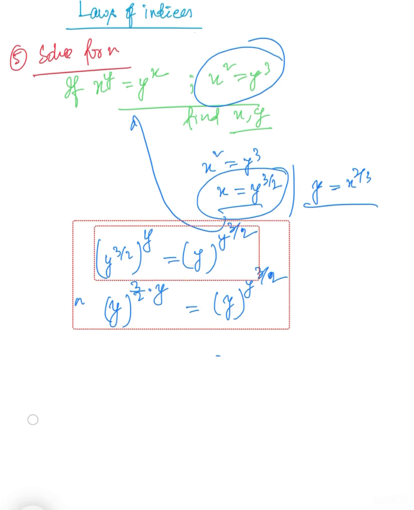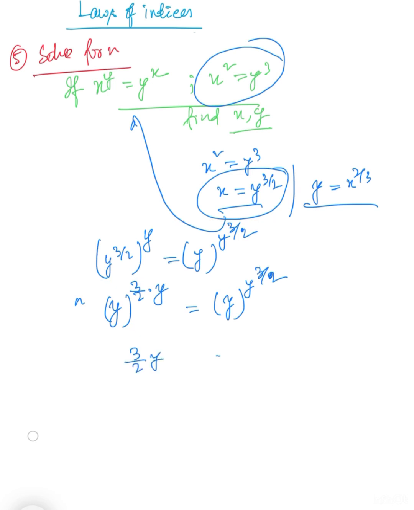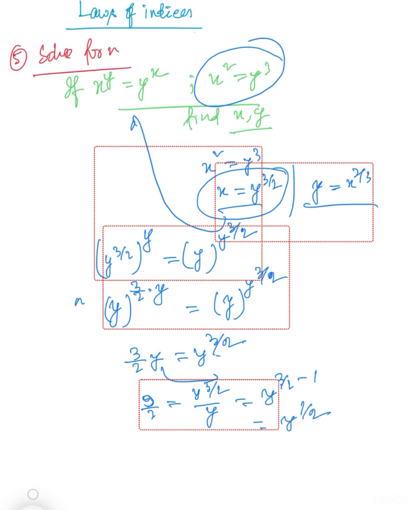Y being the same base, we can take the power to be same. So 3 by 2 into y equal to y to the power 3 by 2. Taking y to the right hand side as division, so 3 by 2 equals to y to the power 3 by 2 by y equal to y to the power 3 by 2 minus 1, that is y to the power half.